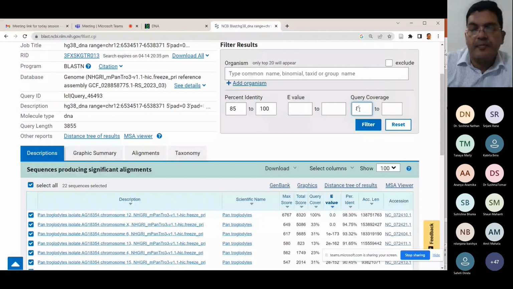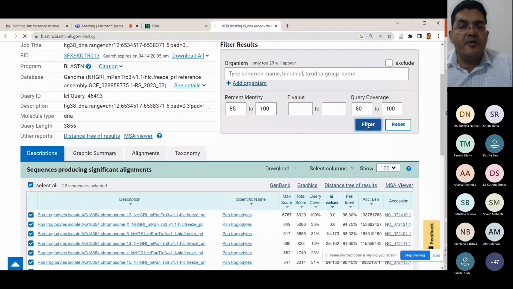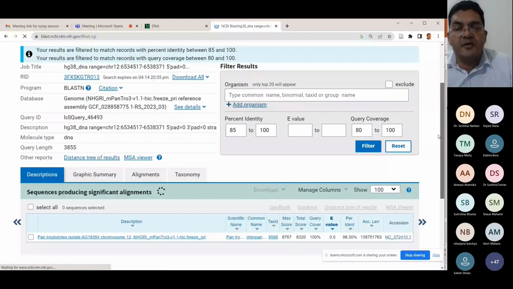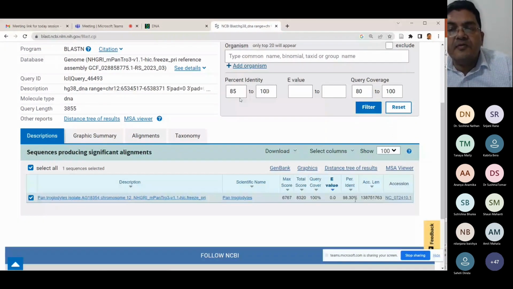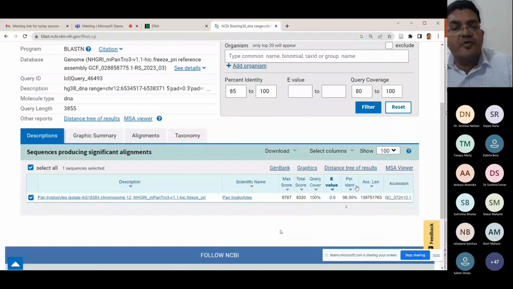So now you're using two fields for filtering and you click on filter. This will filter out everything. It will leave you, ideally, with just one hit because that is the one that satisfies both the conditions, right? So percent identity is in the range of 85 to 100, and then the query coverage is greater than 80%. So only one hit remains.